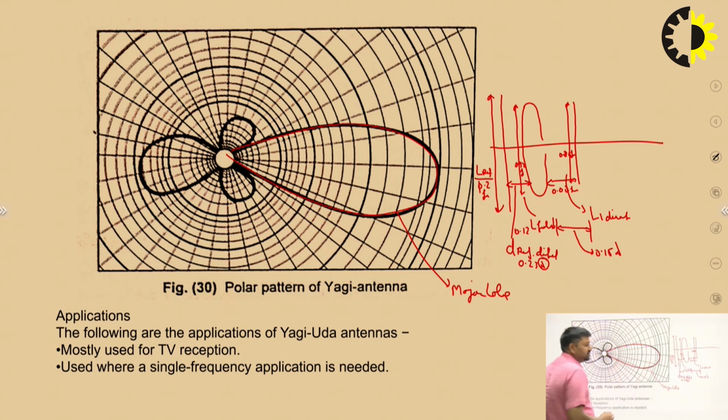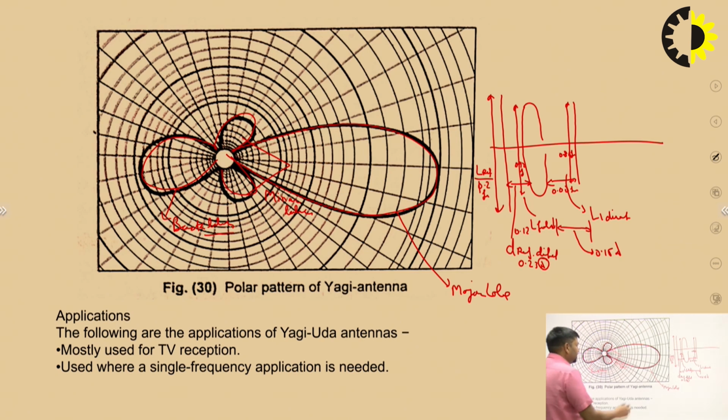So the Yagi antenna is also a unidirectional antenna having back lobes. You can see that this is the back lobe, or we can say this is also a minor lobe. We also mention that the Yagi antenna has a high front to back ratio.